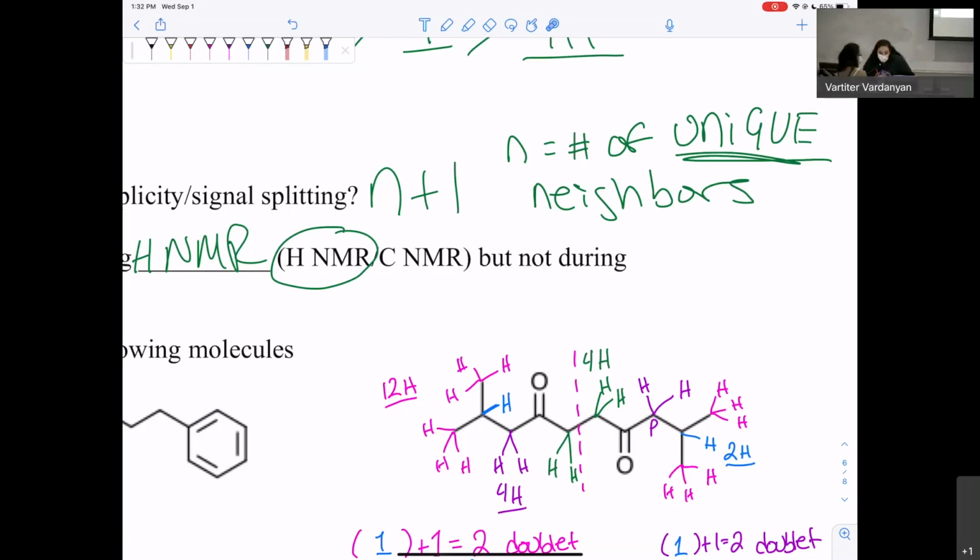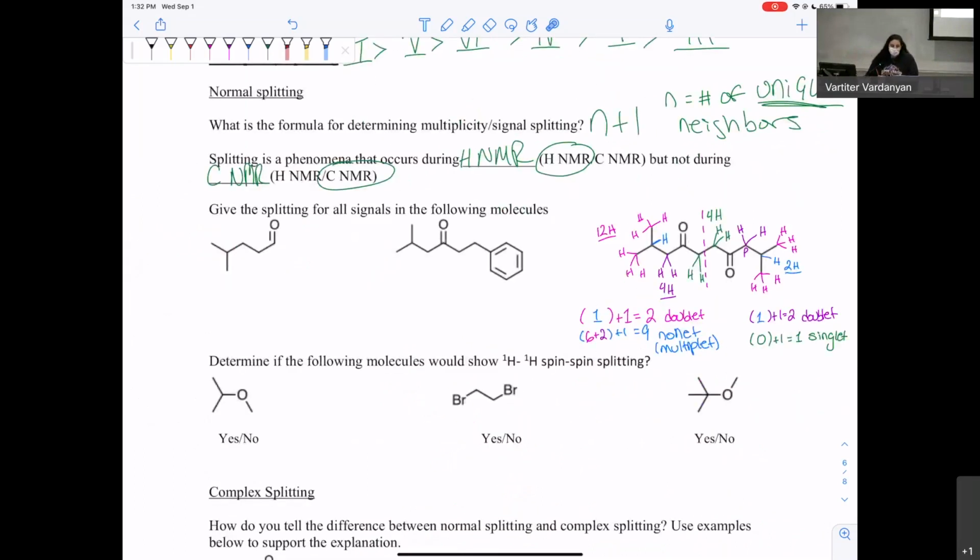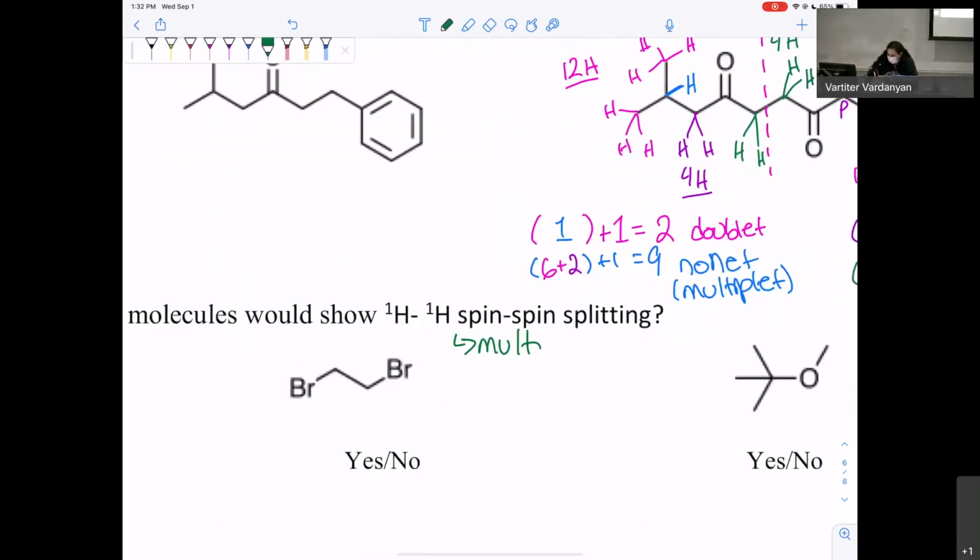Okay, so now we have approximately 20 minutes to do complex splitting. Before we do that, I just want to mention something that Dr. West said. We have something called spin-spin splitting, right? And everyone thinks that's this big whole thing. All spin-spin splitting means is that you have a multiplicity higher than 1.